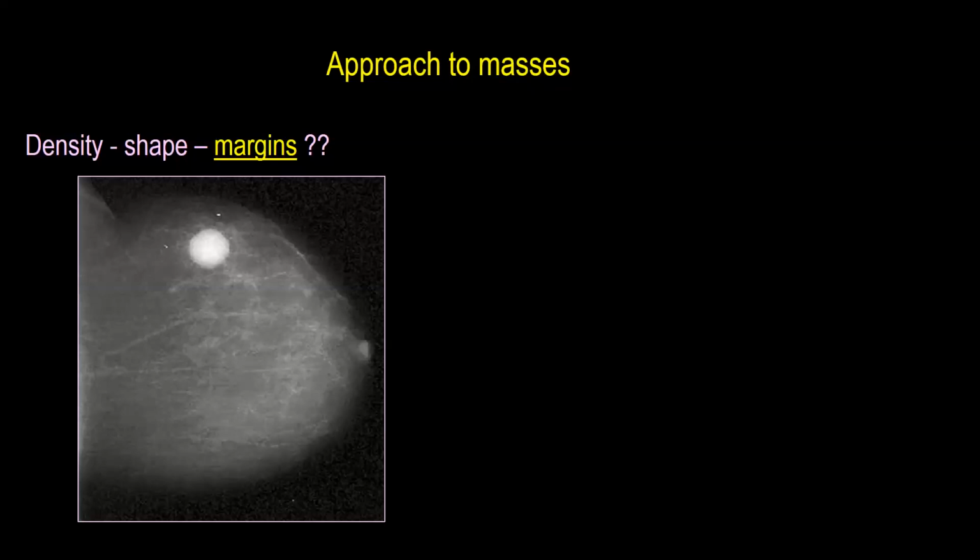Shape round, density high density, and margin circumscribed. Previously the descriptor was well defined, but they said don't say well circumscribed or well defined. They changed it to just one word, circumscribed. So this is circumscribed, but it is high density and round.